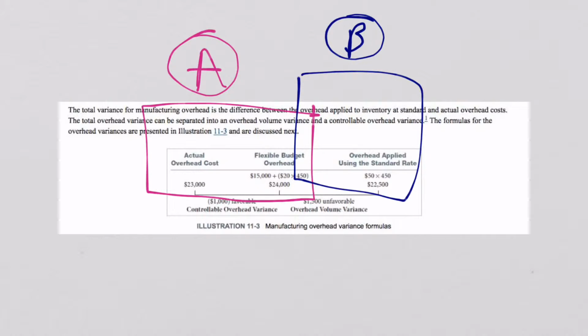The idea there with the controllable is that we are looking at the difference between the actual overhead that we incurred versus the flexible budget overhead, flexible budget being at the actual volume amount.